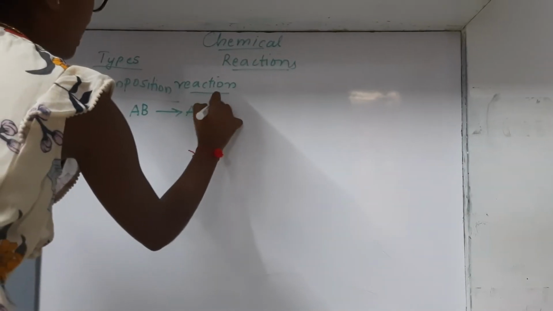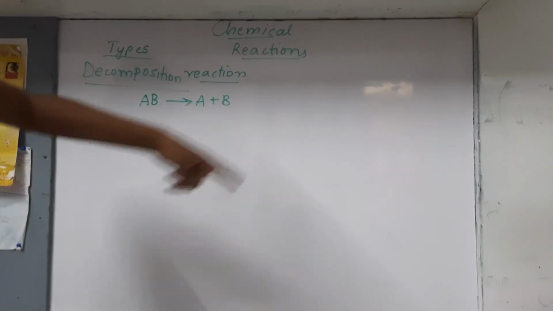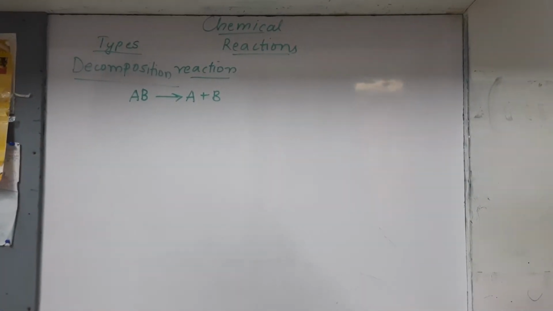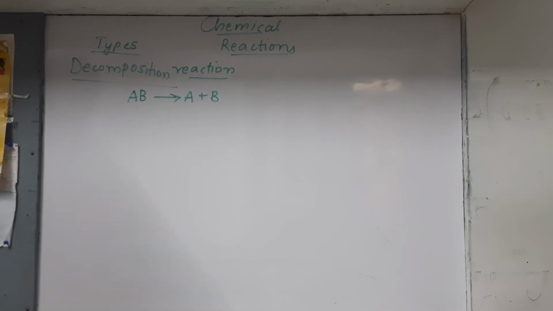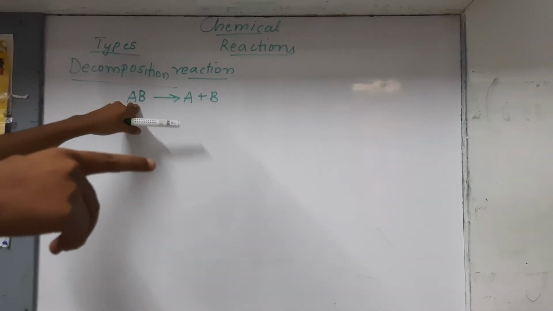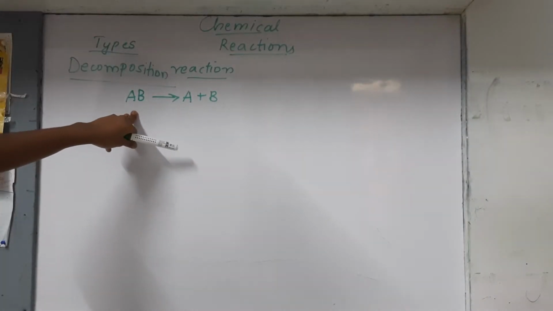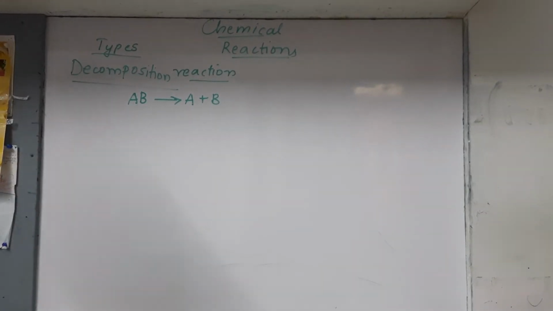For example, let me represent it: AB decomposes to give A plus B. So here AB is decomposing to give A plus B. Once again, a decomposition reaction is a chemical reaction in which a reactant, here AB, decomposes to form A and B. These are two products; it may be multiple products also.